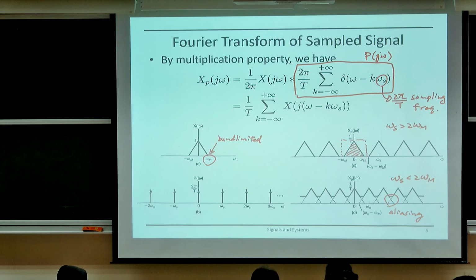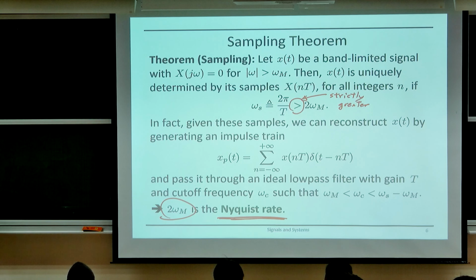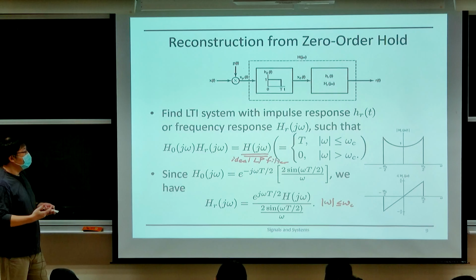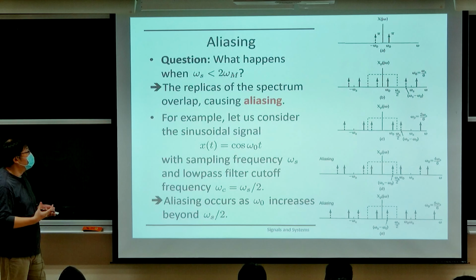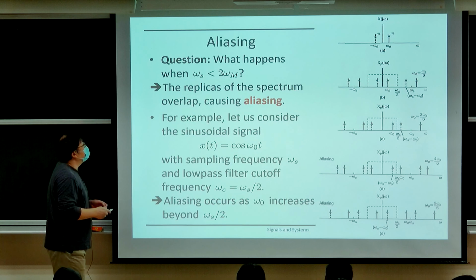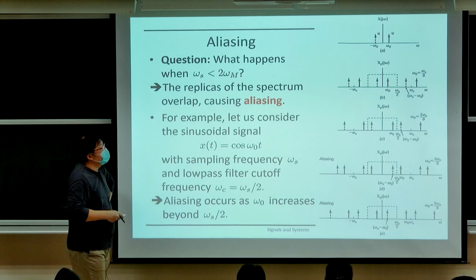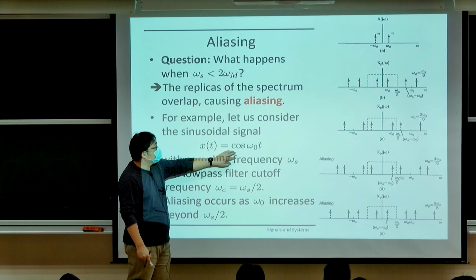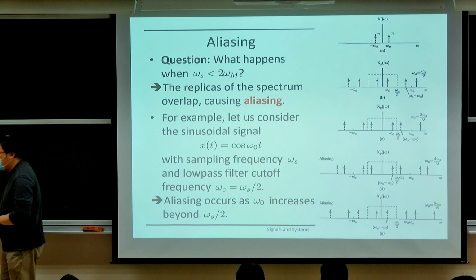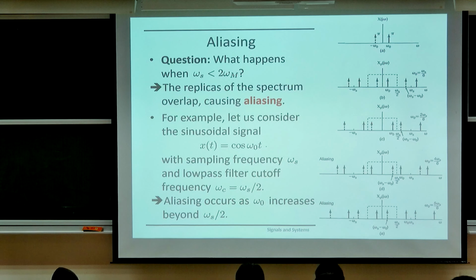To gain some insight on what aliasing may do to your signal, we can look at a very simple case of a sinusoid. Let's say x of t equals cosine omega naught t. By Euler's relation, this can be written as 1/2 times e to the j omega naught t plus e to the minus j omega naught t.